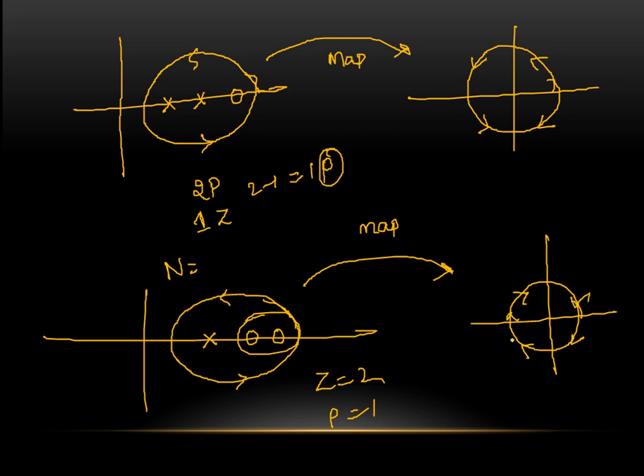In this way we can map the s plane into the G(s)H(s) plane. So depending on the number of encirclements in the G(s)H(s) plane, we can identify whether the system is stable or not.